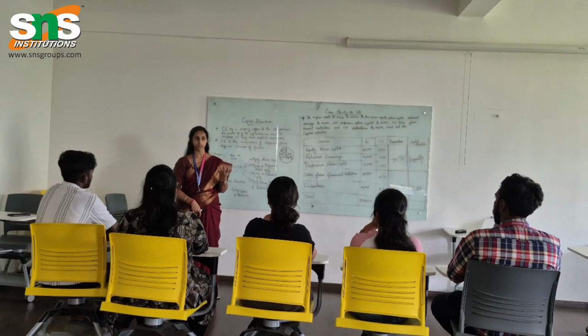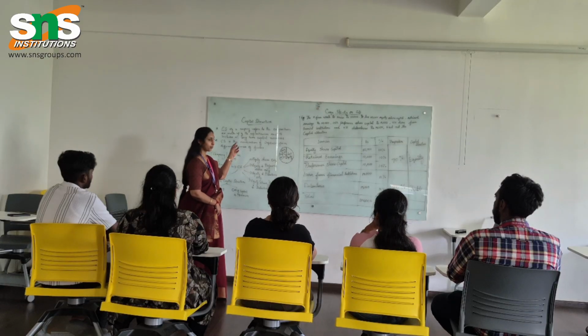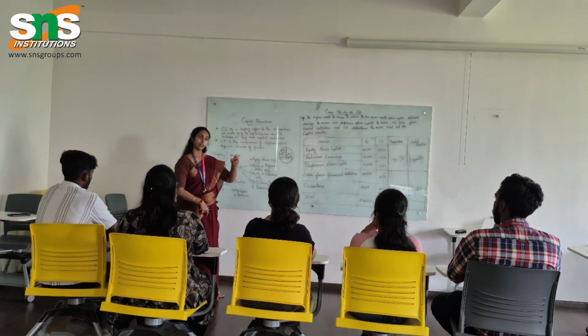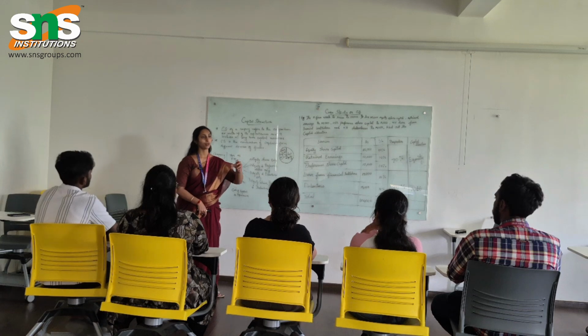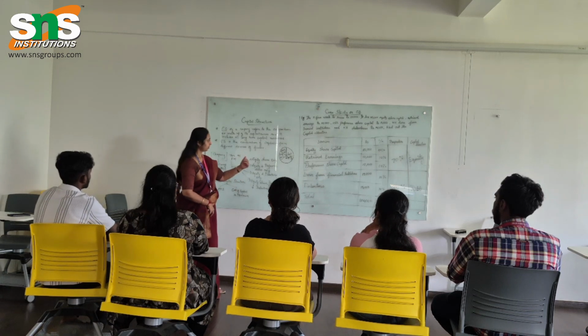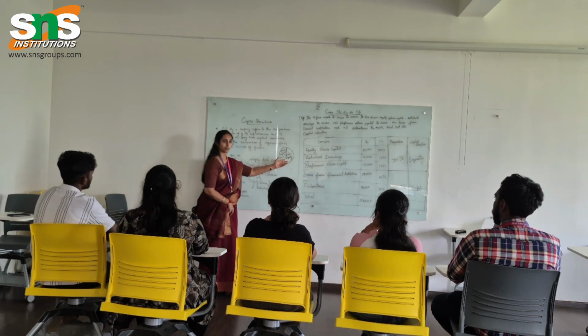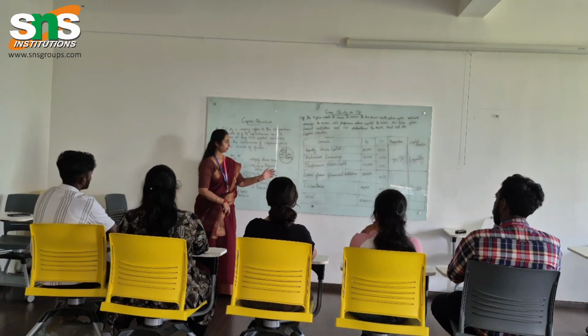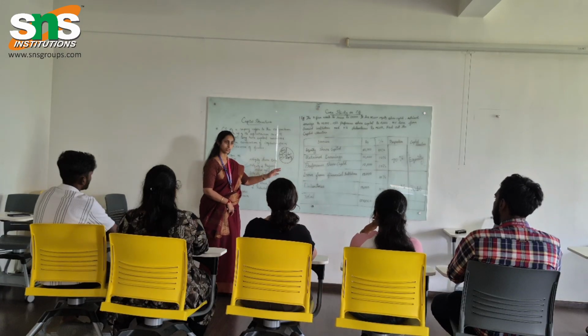There are so many like that. So how are you going to take that proportion for your business? For example, you can take equity as 60%, just an assumption, preference as 25%, and debentures as 15%.